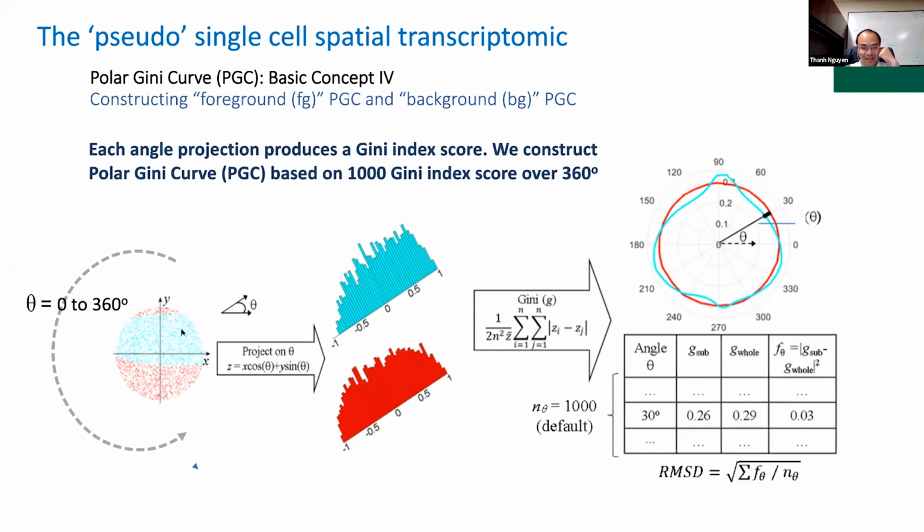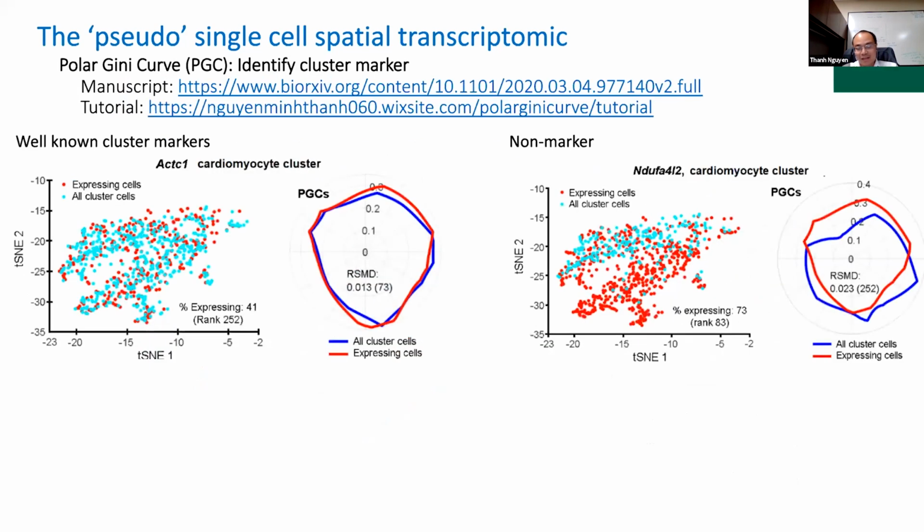For this foreground, the cyan here, the shape is quite different. It is not very smooth like the cyan one.